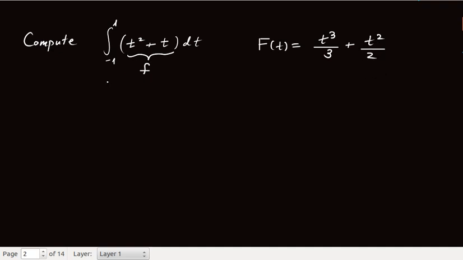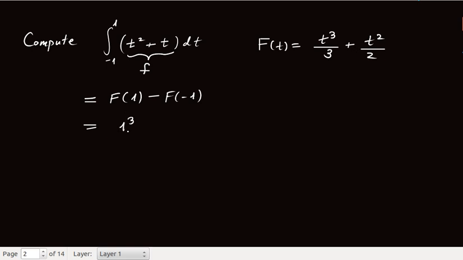So then the fundamental theorem of calculus tells me that this definite integral is the same as F of 1, that's my b, minus F of a, which is F of minus 1. So I plug my endpoints into the antiderivative and take the difference. Okay, well, to find out what F of 1 is, I plug it into this formula for my antiderivative.